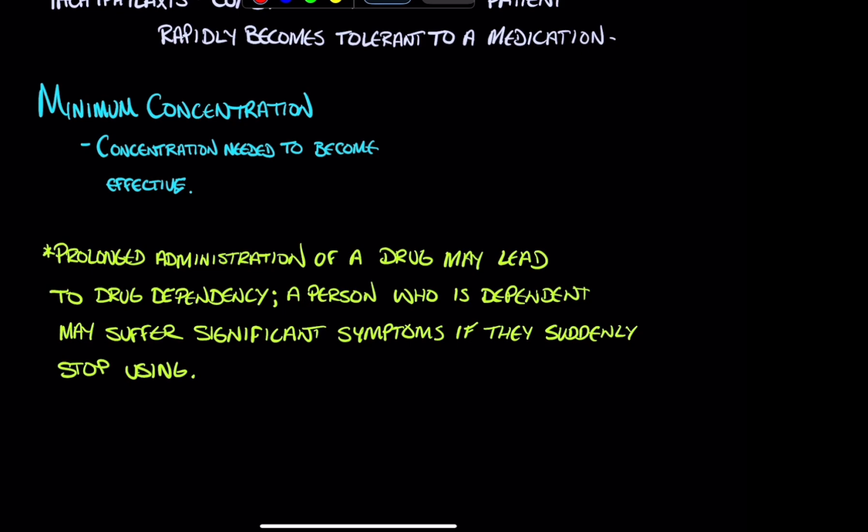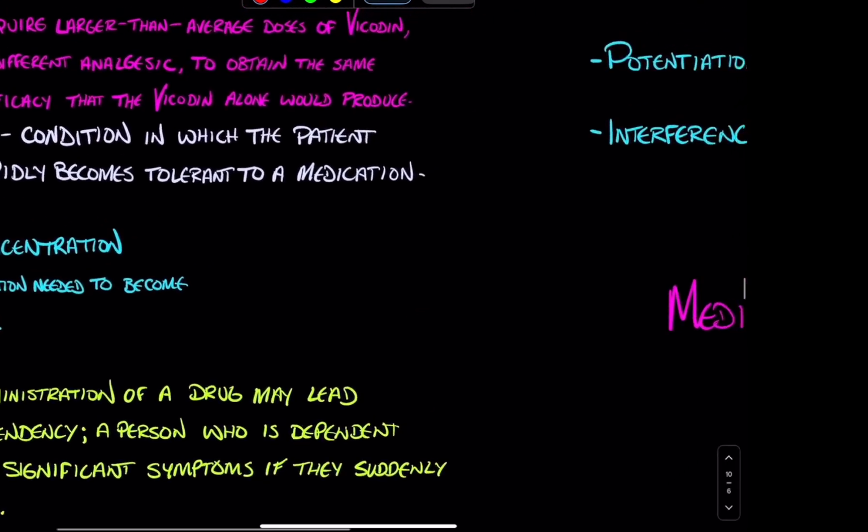So if you take the medication away, all of a sudden they'll usually have severe symptoms: nausea, vomiting, seizures, shakes. They usually don't respond quite well to sudden cessation of medication.